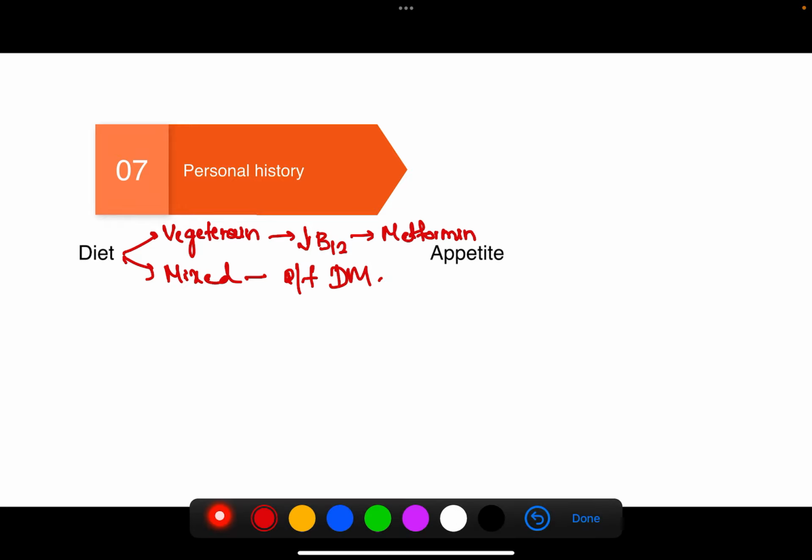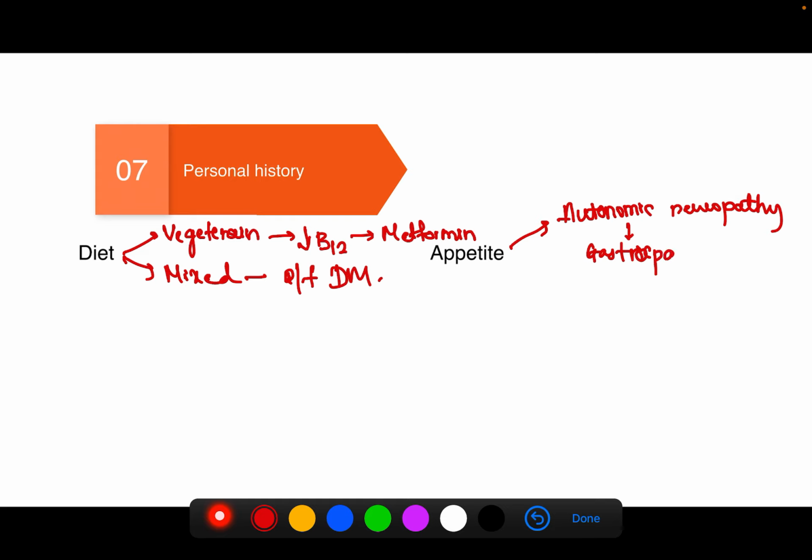Then appetite. What happens in diabetes mellitus? There is autonomic neuropathy. This autonomic neuropathy causes gastroparesis, and there is decreased gastric motility.